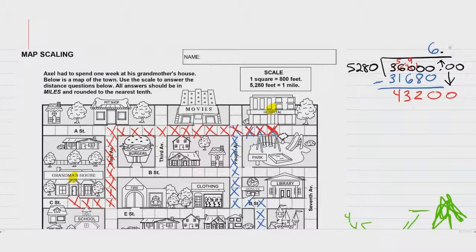So I put an 8 right here. I need to make this line a little longer. And we multiply. 8 times 0 is 0. 8 times 8 is 64. I write a 4, carry the 6. 8 times 2 is 16, plus 6 is 22. Carry the 2. 8 times 5 is 40, plus 2 is 42. And then I subtract.